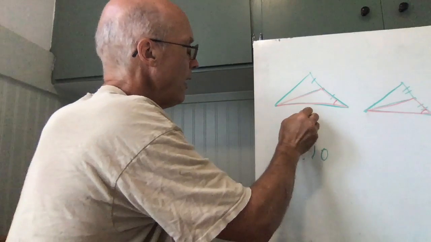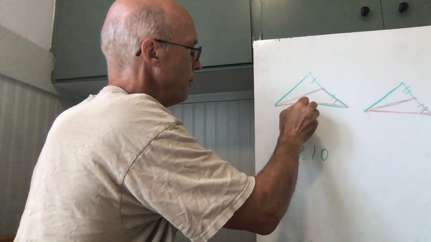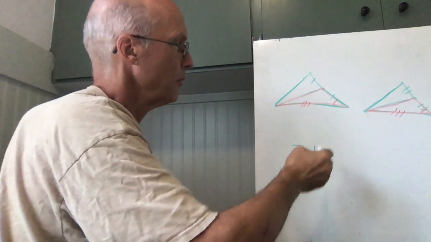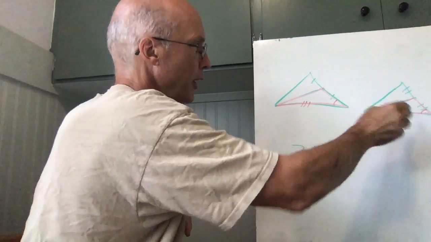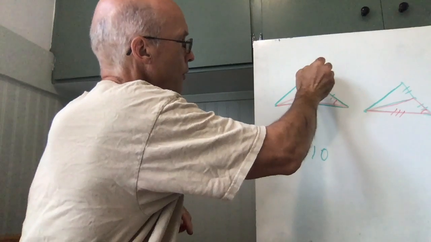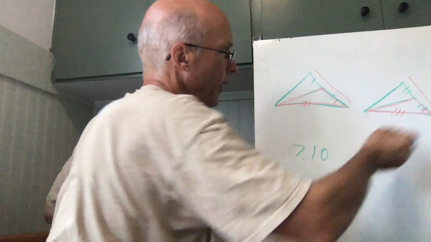We can see that this side right here was similar to this side because of the bigger triangle similarity. And this whole length here was similar to that whole length there.